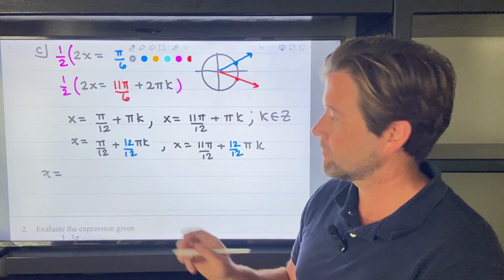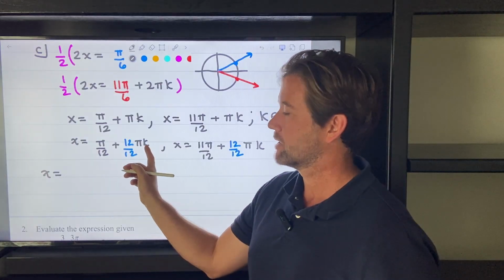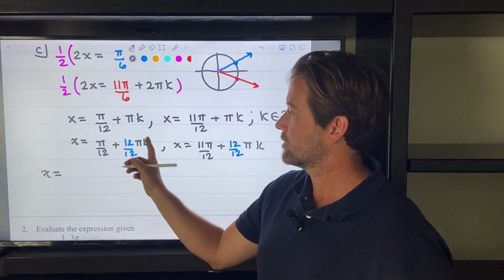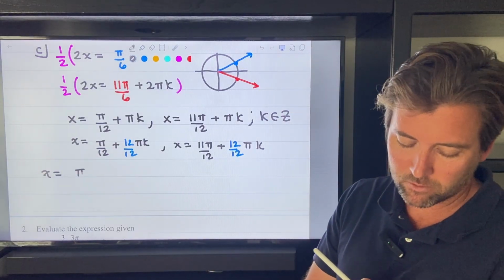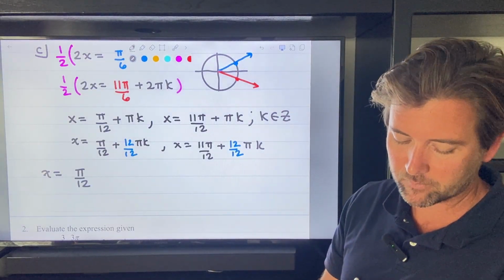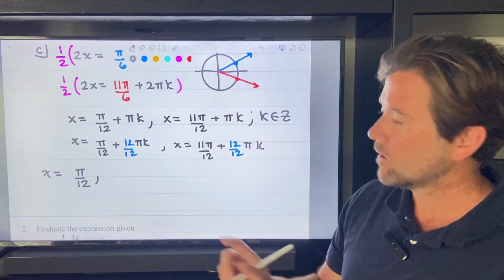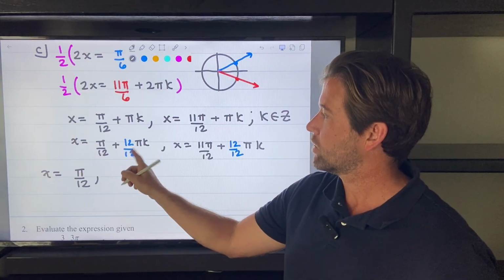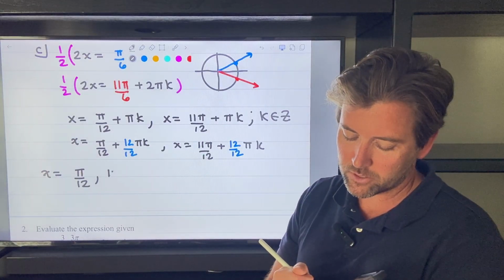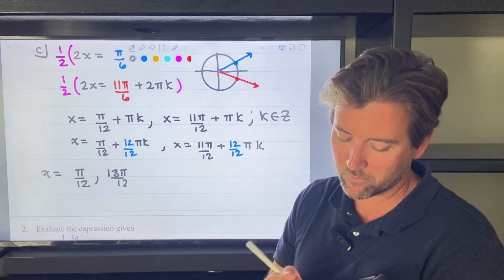So if we plug in 0 for k, that's an integer, we get 0 times this value here to be 0 plus pi over 12. So pi over 12 is one of our solutions. If k is 1, we'd have pi over 12 plus 12/12 pi. So that's 13 pi over 12.